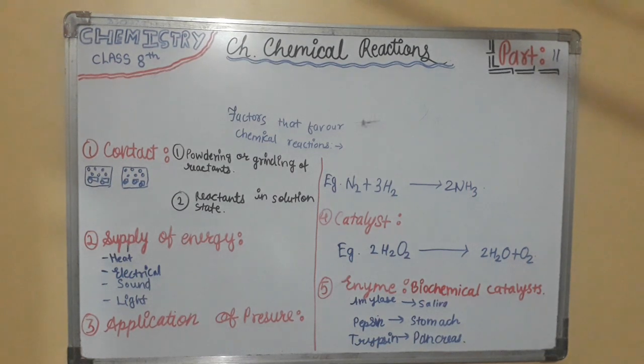Pepsin, in the stomach, helps in breaking down proteins into amino acids. Trypsin, in the pancreas, helps in breaking down starch, fats and proteins into simpler molecules of sugar, glucose and amino acids. I hope you have understood these 5 types with the examples in detail.